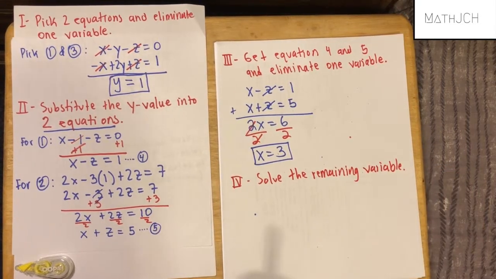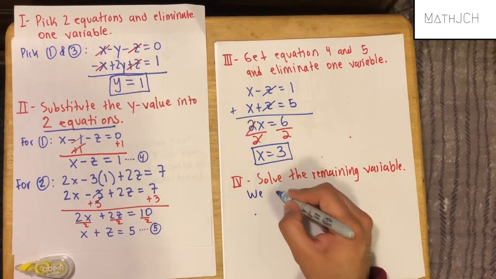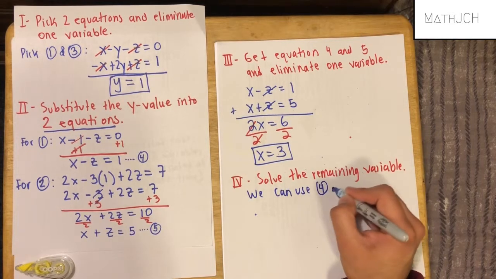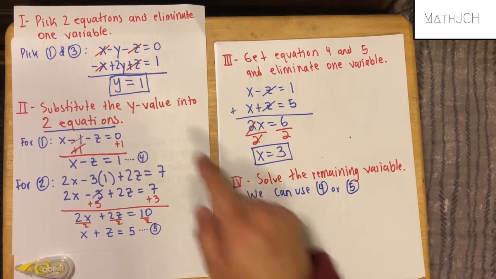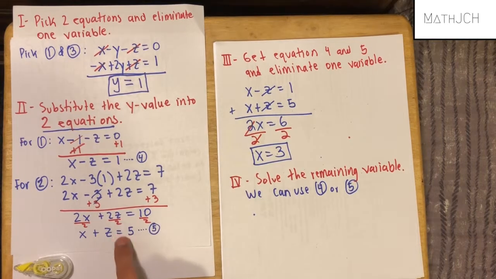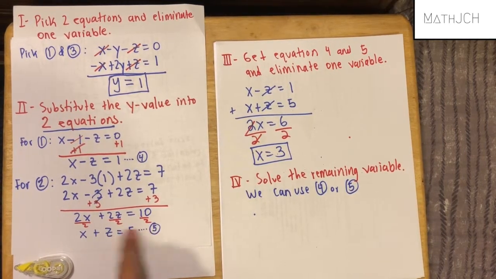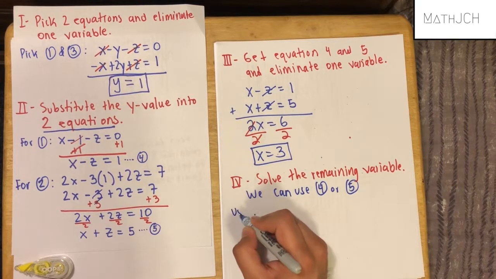Okay, so we could use either equation 4 or 5 to solve for, we are missing z, right? Because we solved for y, solved for x, so we're missing z. Notice equation 5, everything is positive, so that will be a little bit easier to work with. So let me rewrite it. So let's use 5.